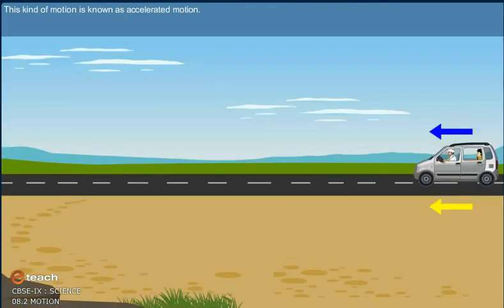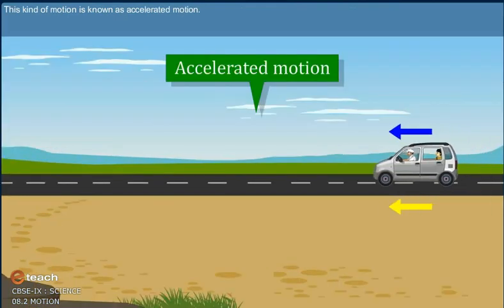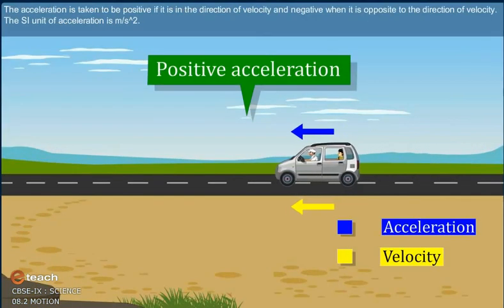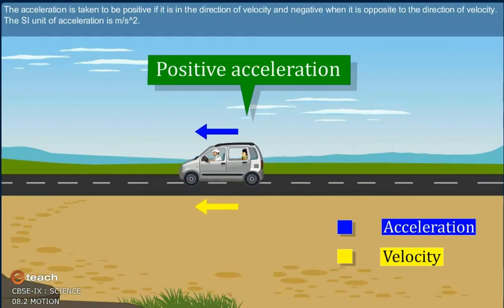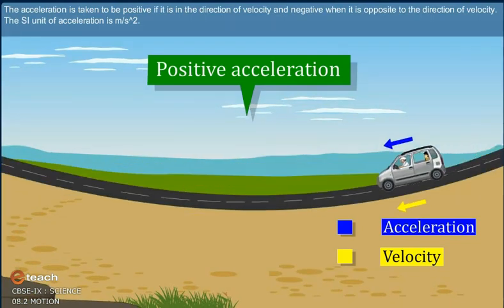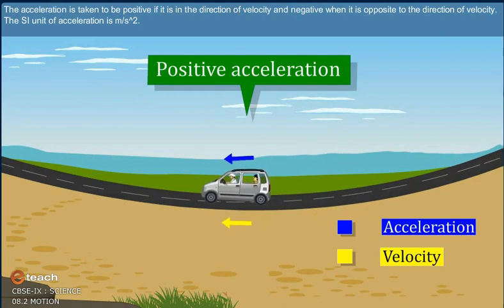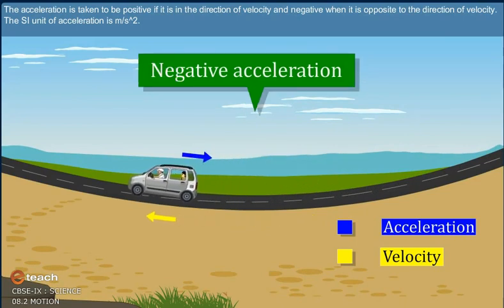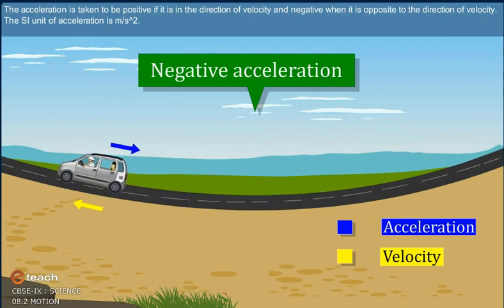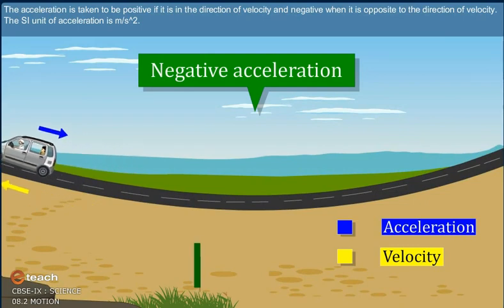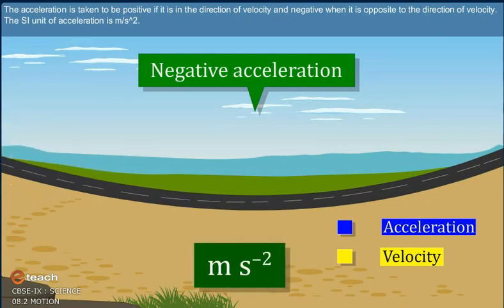This kind of motion is known as accelerated motion. The acceleration is taken to be positive if it is in the direction of velocity and negative when it is opposite to the direction of velocity. The SI unit of acceleration is meter per second square.